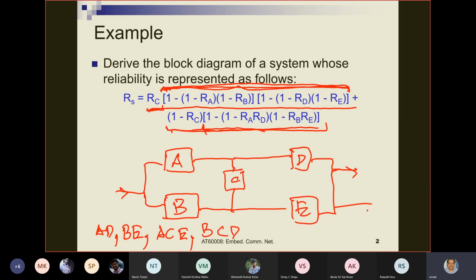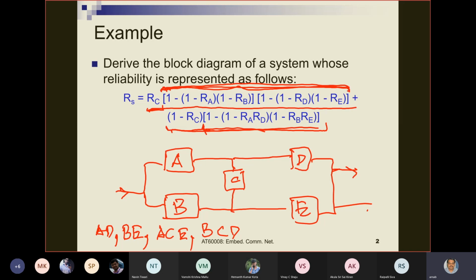So then what is the probability of A and B failing together? 1 minus RA into 1 minus RB. So the reliability of this cut is 1 minus of 1 minus RA into 1 minus RB.